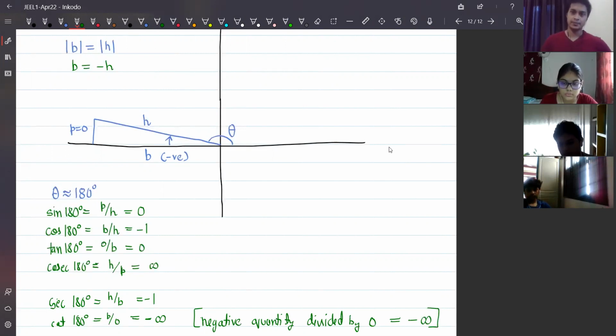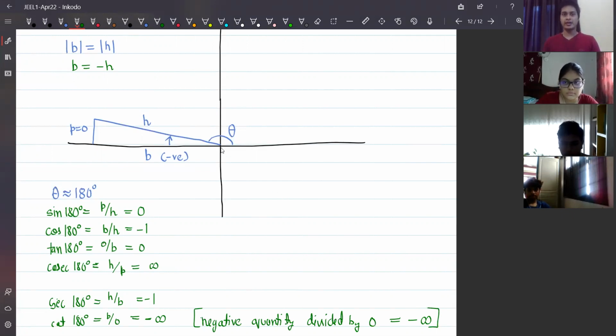In mathematics, you don't write equal to minus infinity, you write tends to minus infinity or tends to infinity. So if I write equal to, you have to assume that.